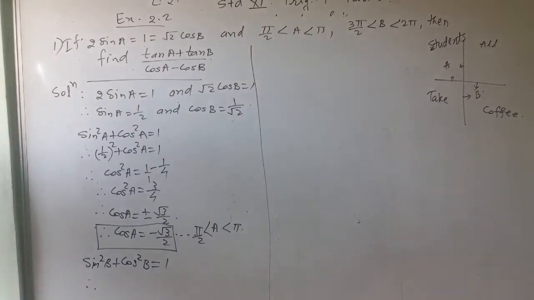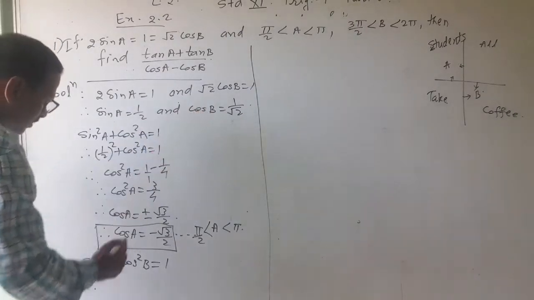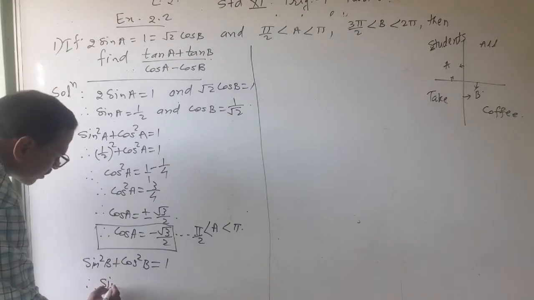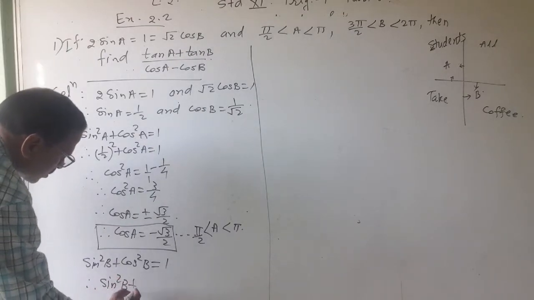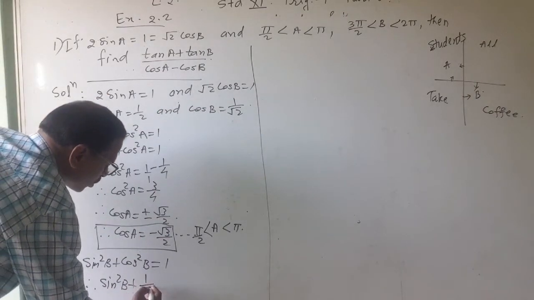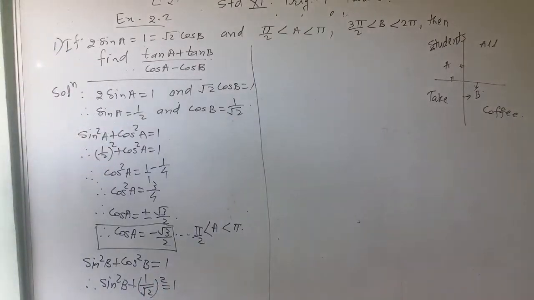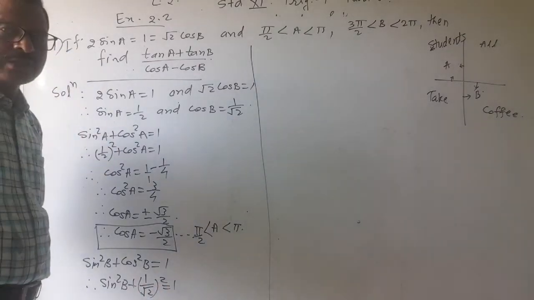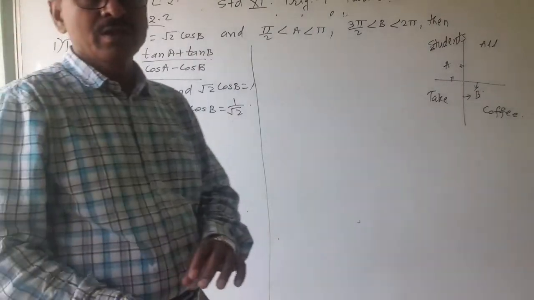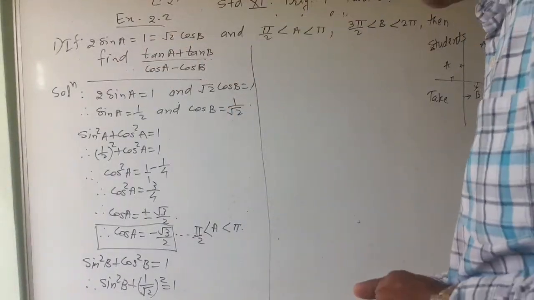Value of sin B I don't have, I have the value of cos B. So this will be sin square B plus the value of cos, 1 upon root 2, its square, equal to 1. Hope that you can see this. Yes, you can see it.